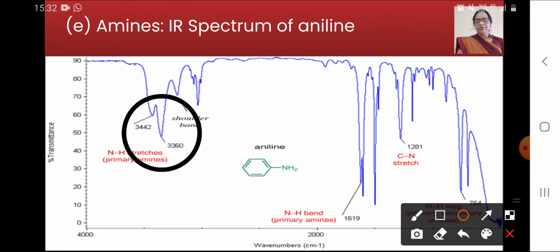The NH vibrations in aromatic compounds often overlap the aromatic C=C ring absorption, which also appears in this region. Sometimes an out of plane NH bending vibration also appears as a broad band in the range of 850 to 750 per centimeter for primary and secondary amines.